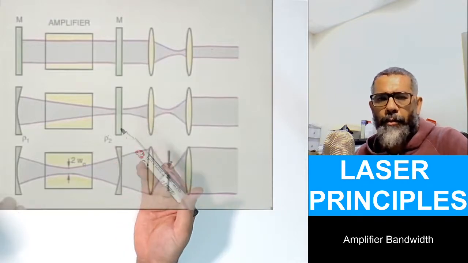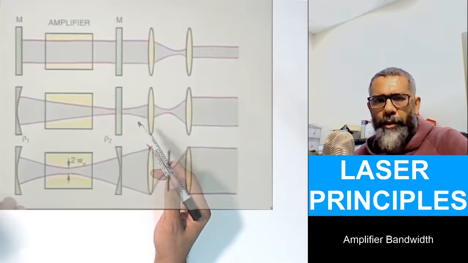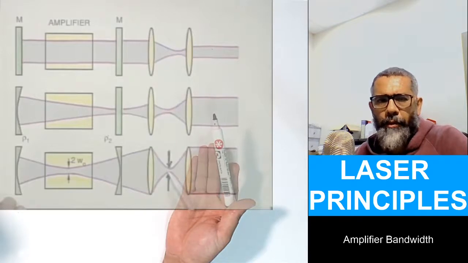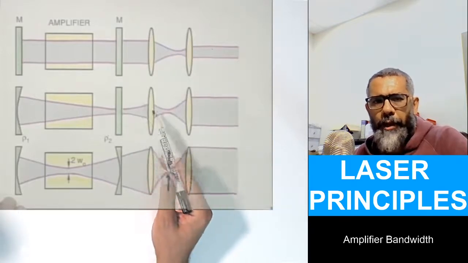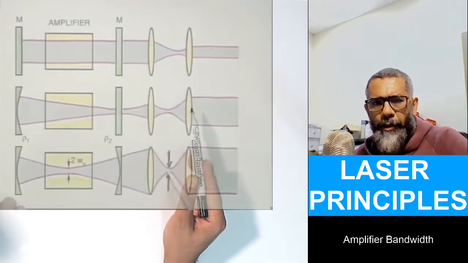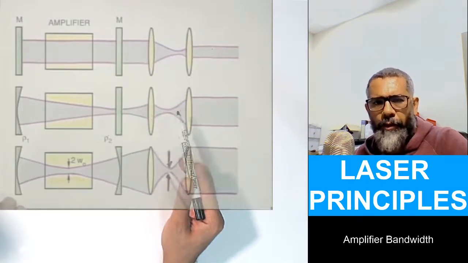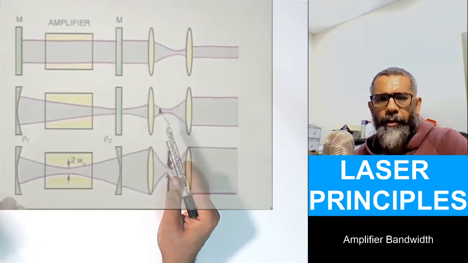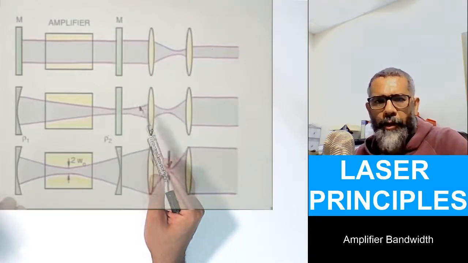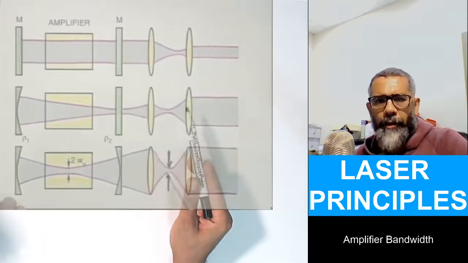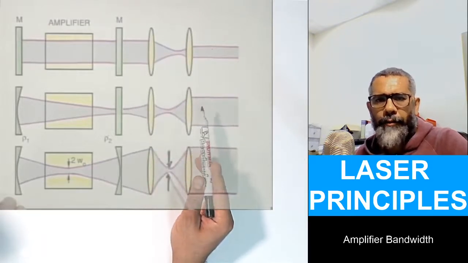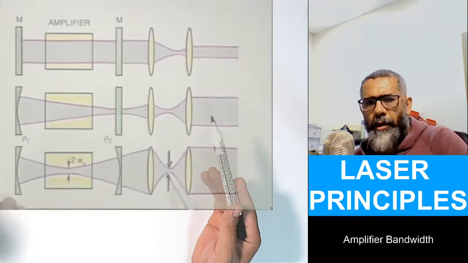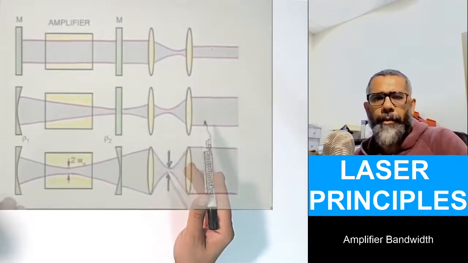There is only one way to do this, which is to use lenses. If you use a lens system like this, for example two lenses whose focal points coincide at this certain point, this uncollimated beam will get collimated after the second lens. So you have a parallel laser beam.